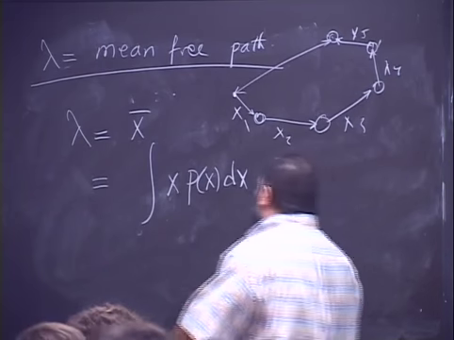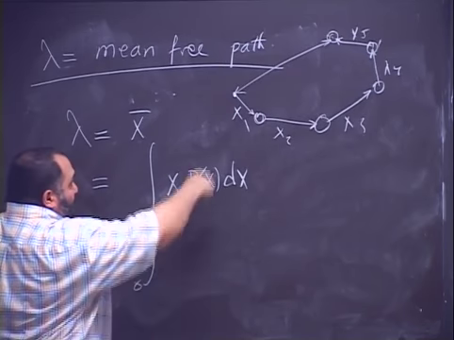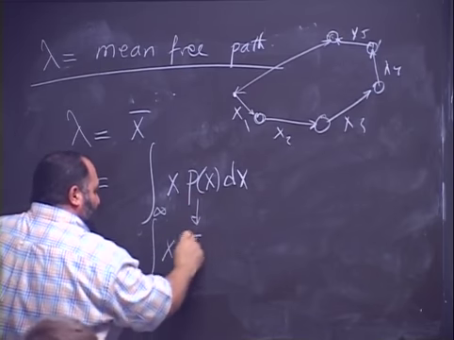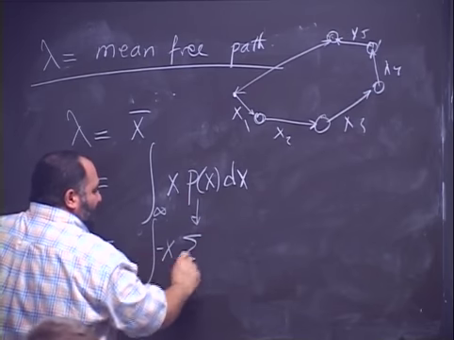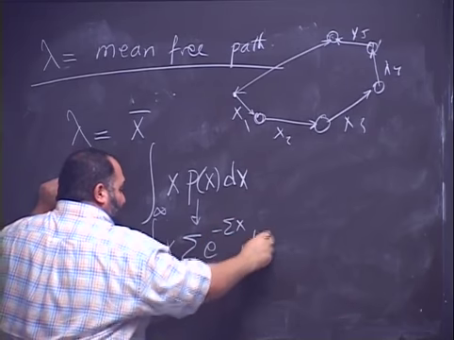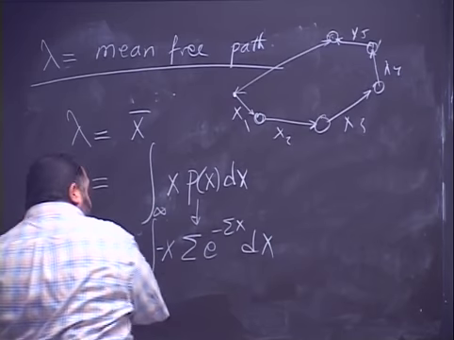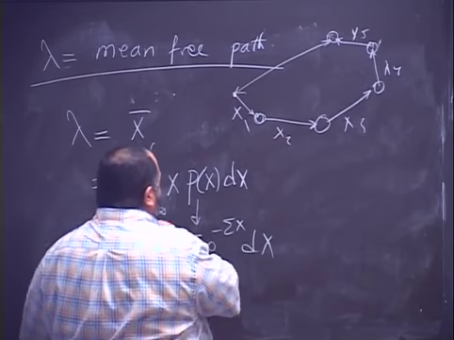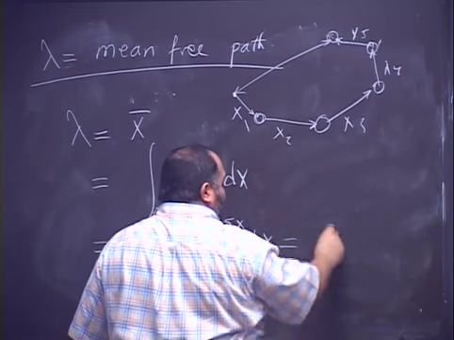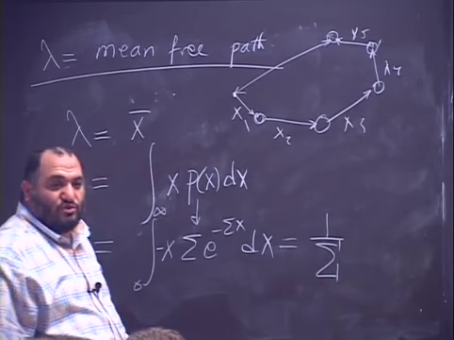So when you do this and you integrate from 0 to infinity for x, and p is nothing more than sigma multiplied by e to the power of minus sigma x dx. When you evaluate this integral, you will get lambda equal to 1 over sigma, which is the total cross section.